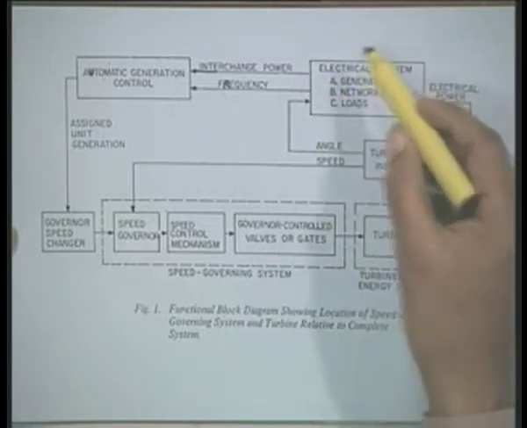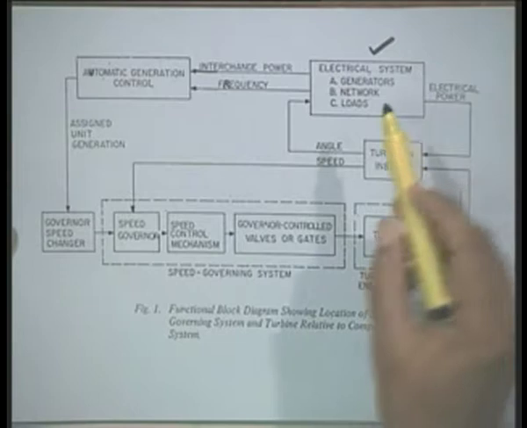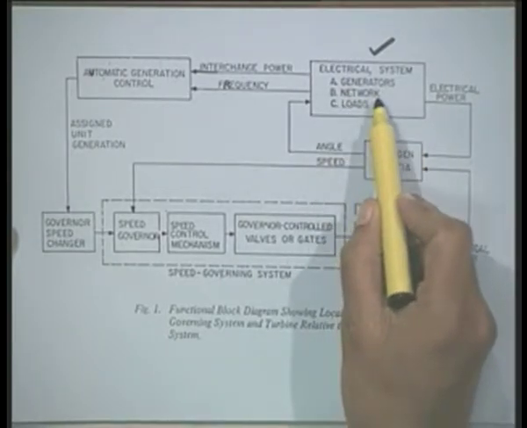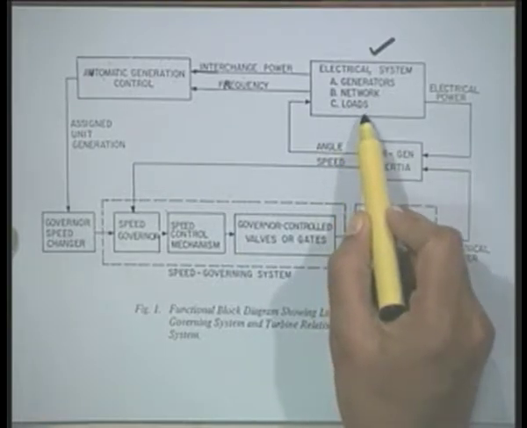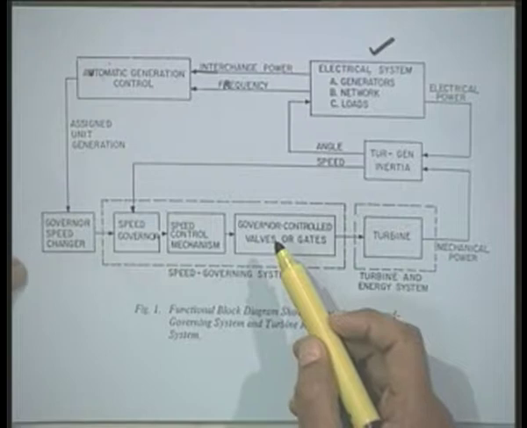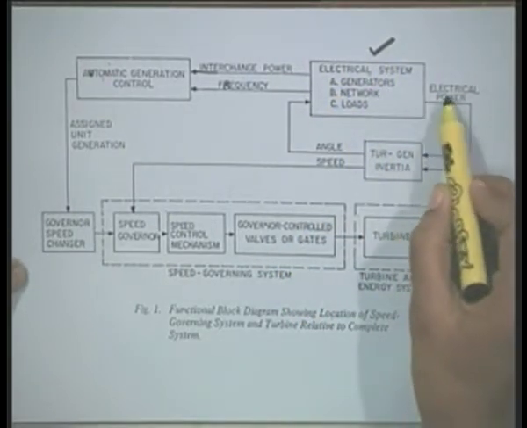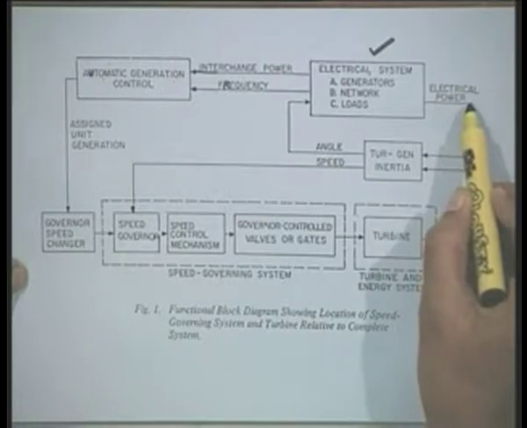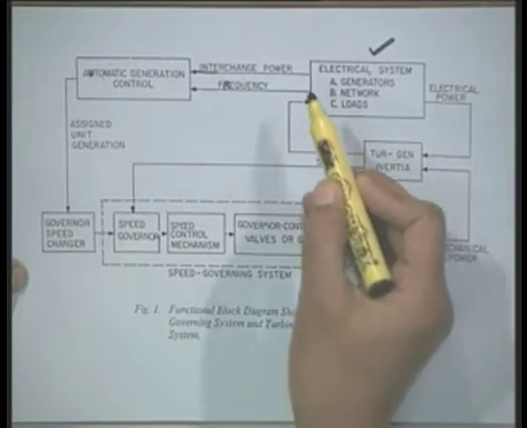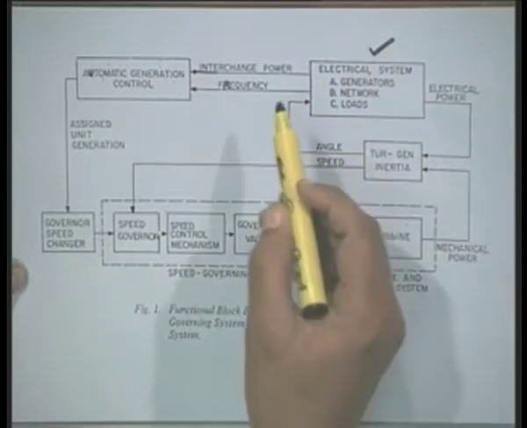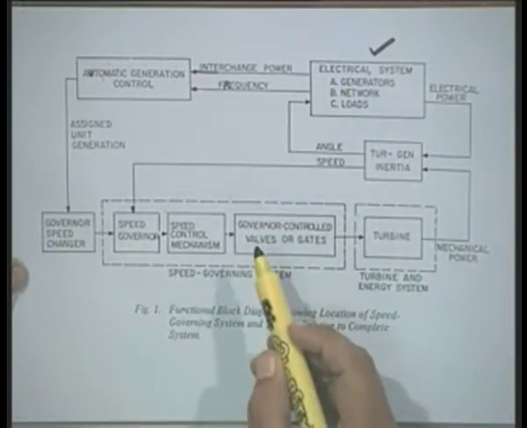This is the block which shows the power system network, which represents the generators, transmission line network and loads. Okay. Now, from this network we get output as electrical power, and for the control of this power system as a whole we have different controls.